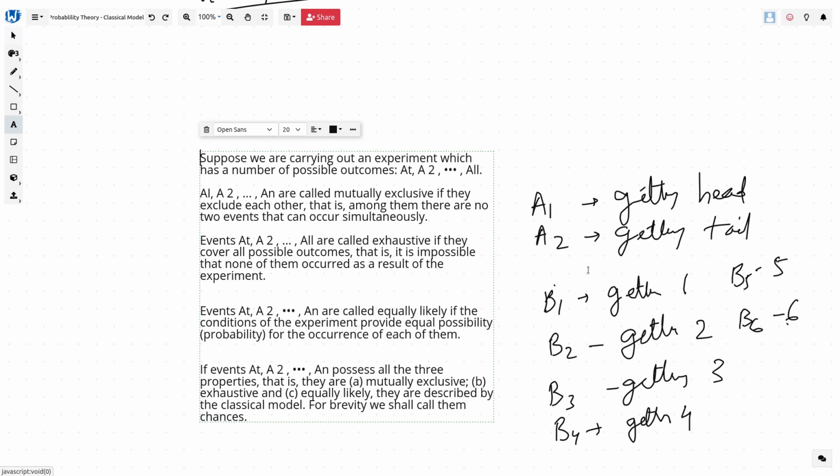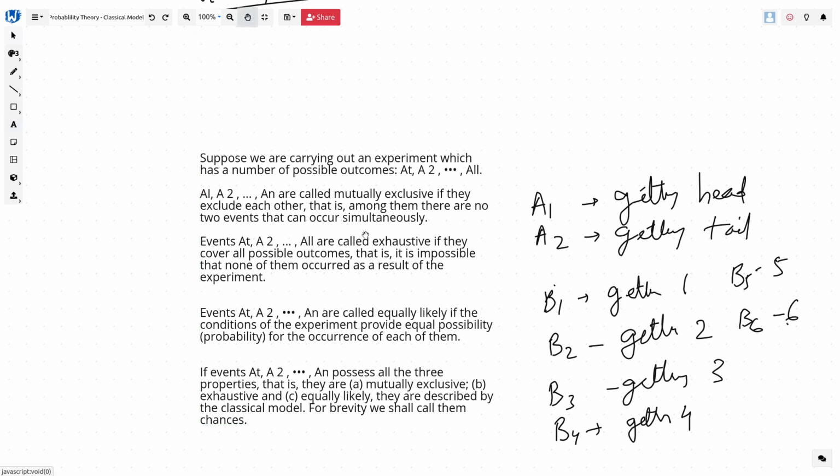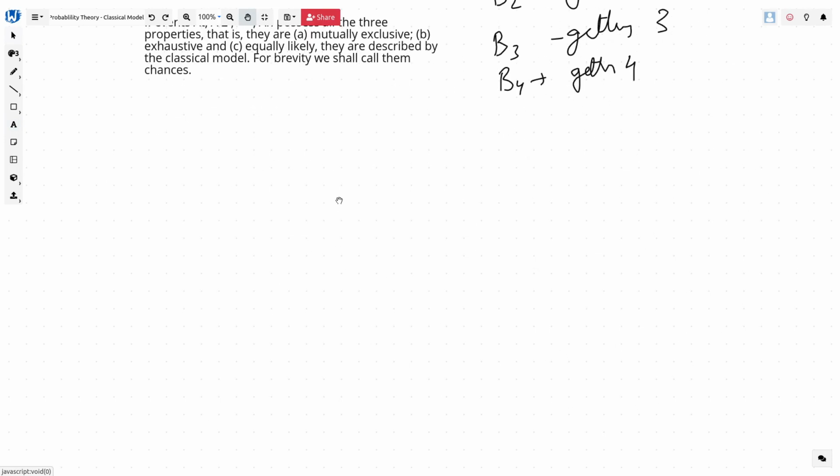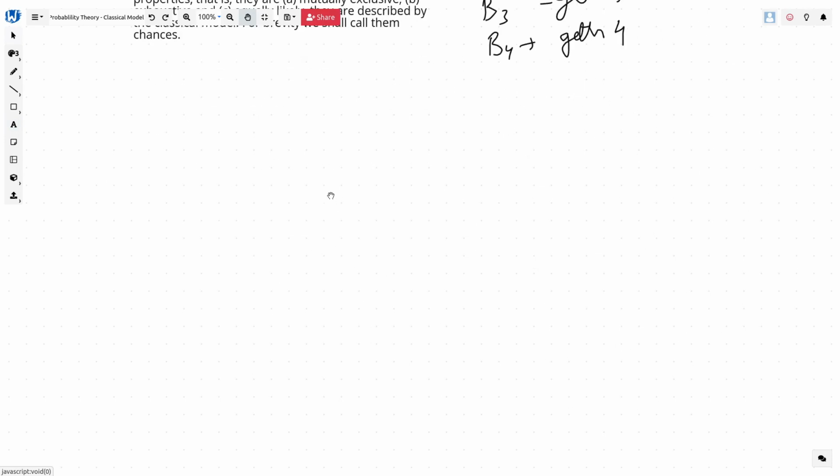So in both cases, we have seen that they are mutually exclusive, they are exhaustive, and they are equally likely. Now let's take some examples and try to answer when events are equally likely, exhaustive, or mutually exclusive. So for example, let's take this set of events.